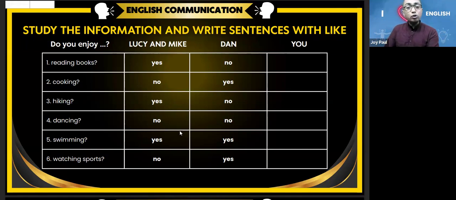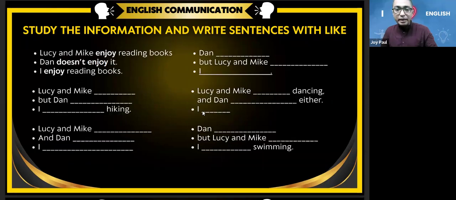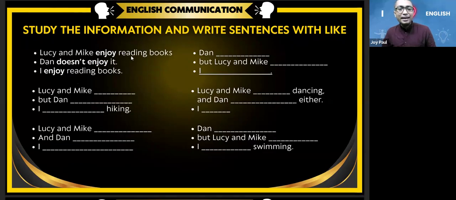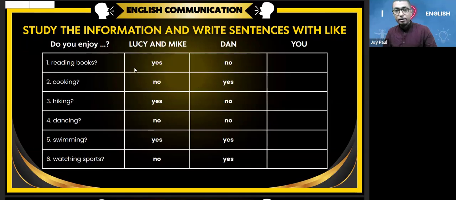And let's say if I want to create the sentence in negative form, how do we have to write, how do we have to speak? Lucy and Mike enjoy reading books. Because here, reading books, Lucy and Mike, yes. So Lucy and Mike enjoy reading books. Dan doesn't enjoy it.